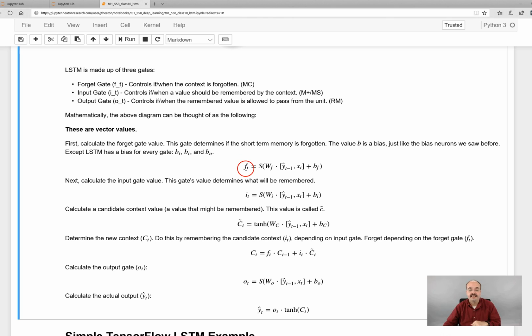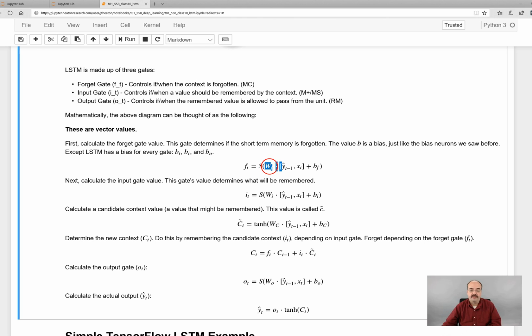So if the forget gate is calculated to be 0, it's kind of backwards a little bit, but 0 means we should forget. 1 means we should remember. So we calculate the forget gate based on the sigmoid function, which flips it sort of into that 0, 1 range, by looking at the weight for forgetting.